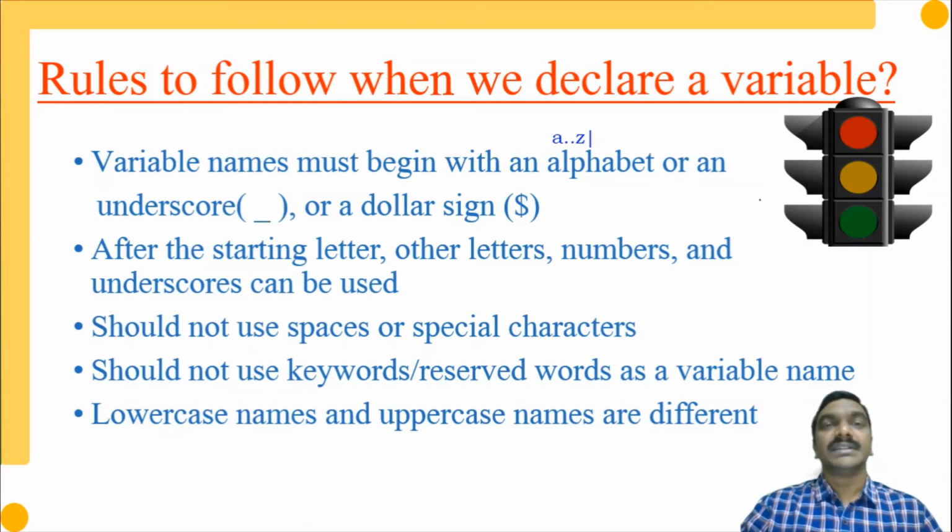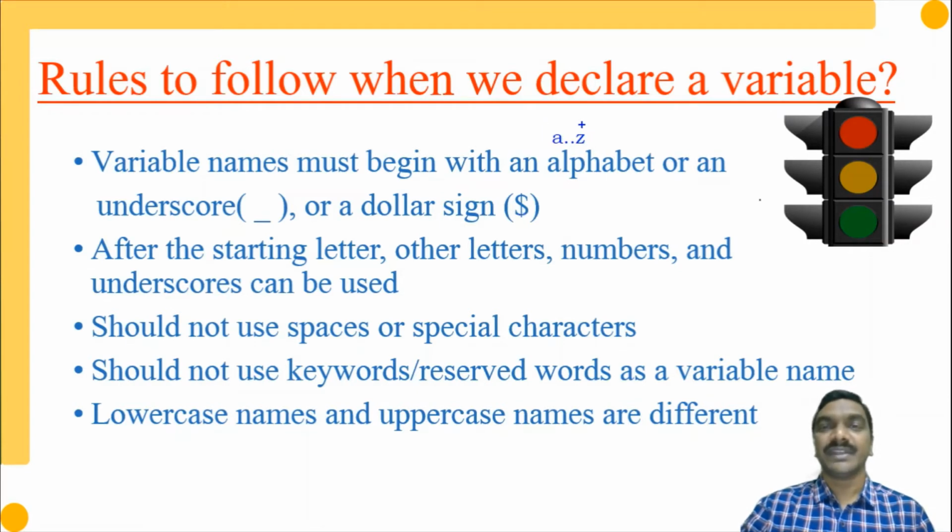Every variable must begin with an alphabet or an underscore. Yes, you can start a variable name with an underscore also, and also dollar sign we can use. Yeah, there are three things.